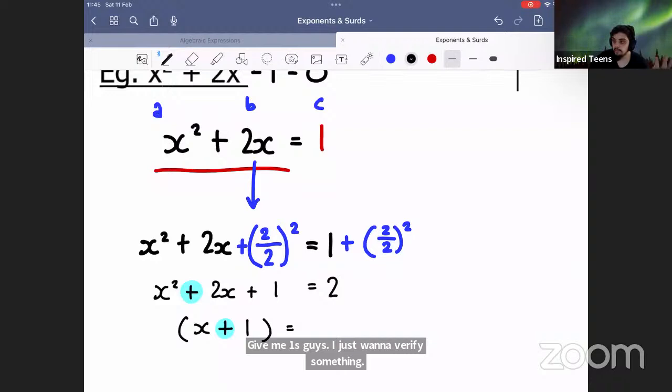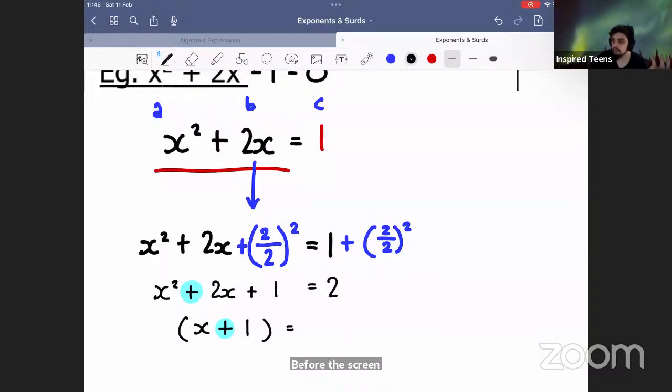Before the square. Yeah, before the square, correct.